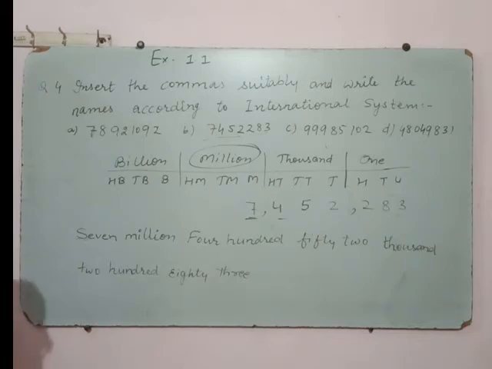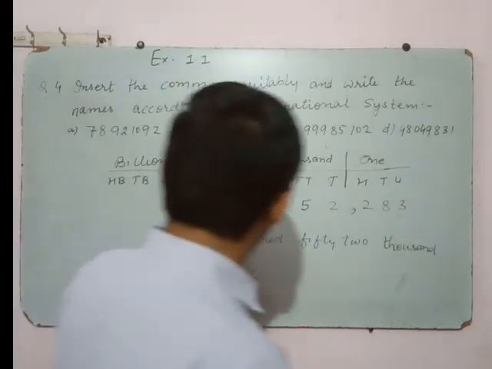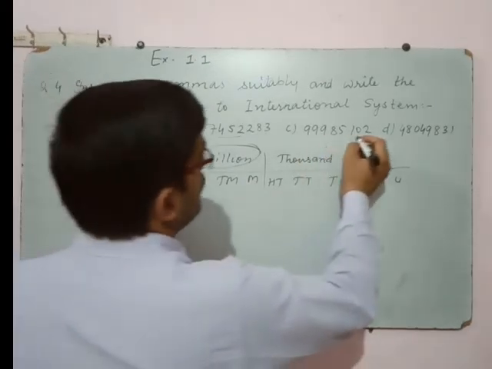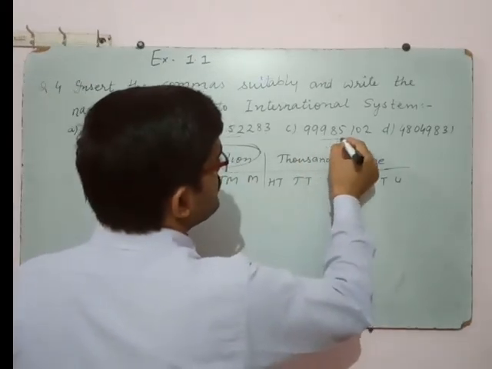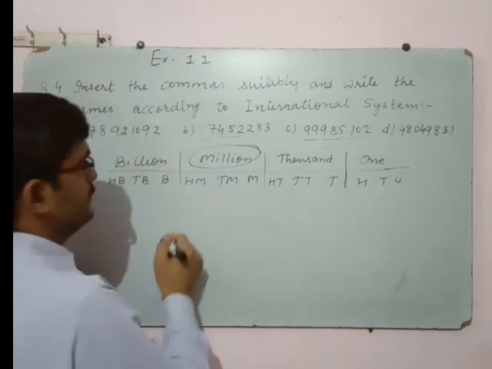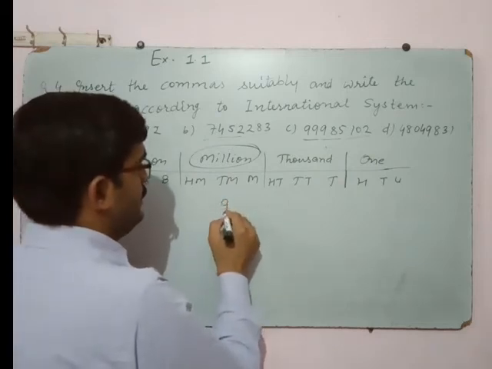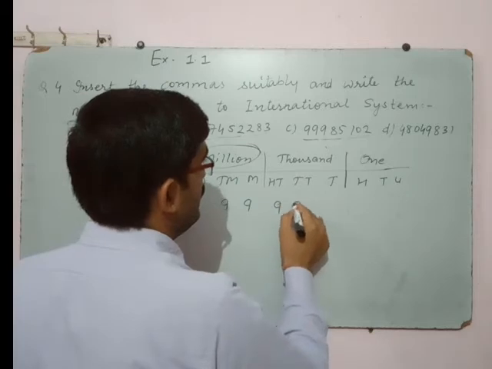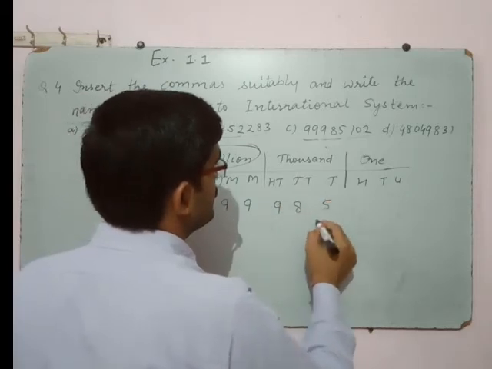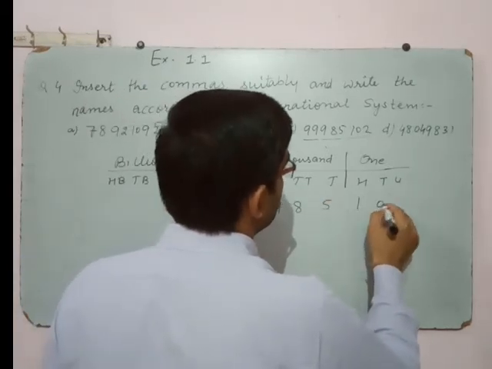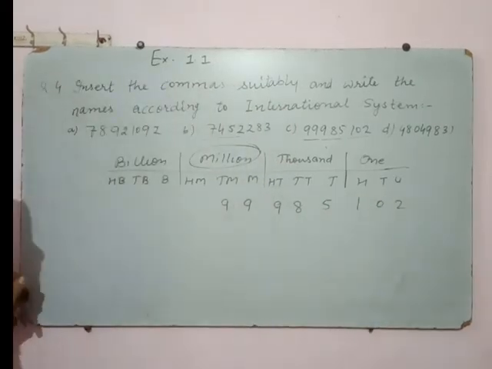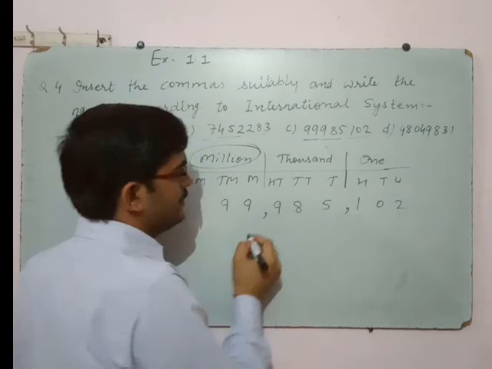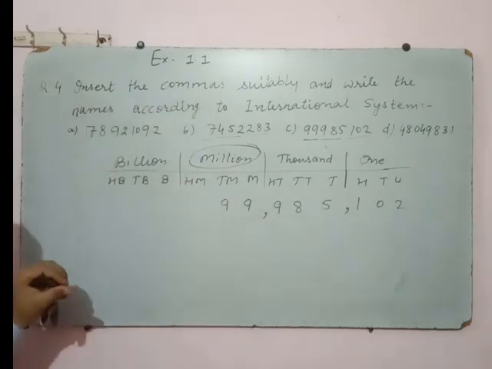Okay, next question is, 1, 2, 3. It means 99,985,102. Okay, so put the comma on first three, second three, and these are the two meanings.